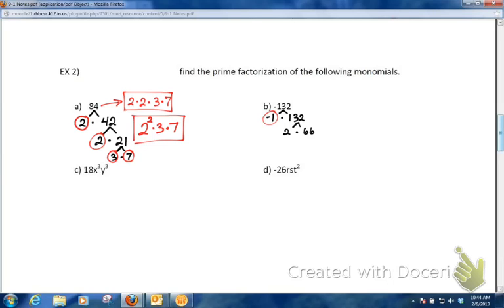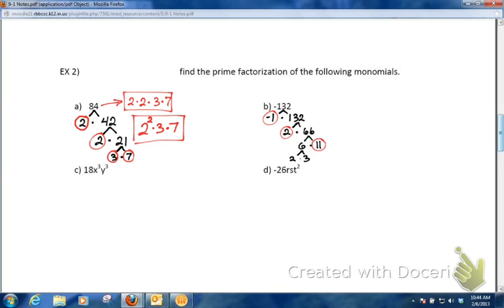Again, 2 is a prime number, so I circle it. I'm then going to break down 66. Got a couple of choices here: 6 and 11, 3 and 22. Let's use 6 and 11. And in this case, the 11 is the prime number, so it gets circled. The 6 is not, because 6 can now break down into 2 times 3.